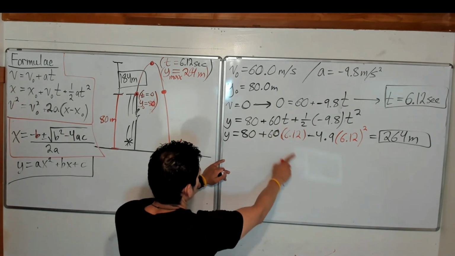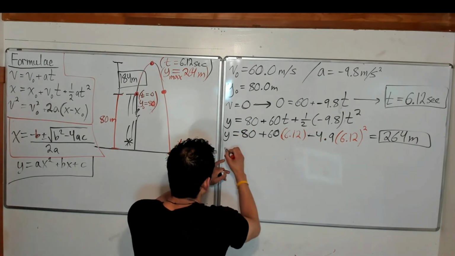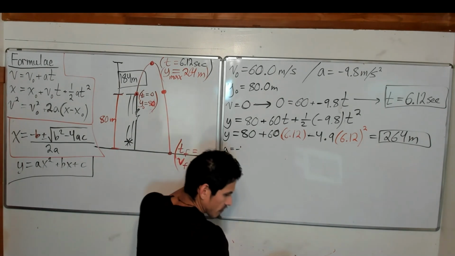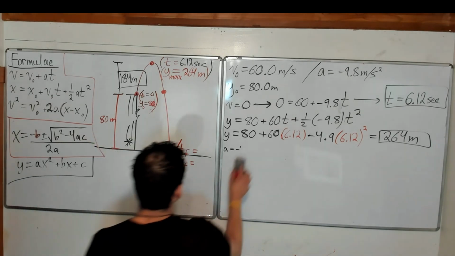So what we have is our a is negative 4.9. Well, let me not confuse. Let me just go through it. I think you guys don't need to be this tedious.